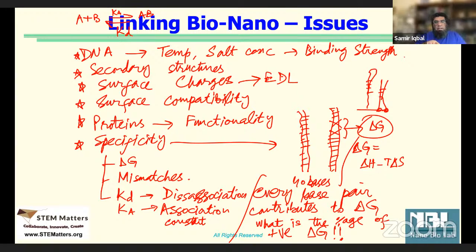So delta G here is free energy, Gibbs free energy. We want to calculate that molecules have enough energy and their melting temperature is high enough that at room temperature, they come together and bind. If their melting temperature is very low, it means even at room temperature, they are going to stay single strand. They will never bind. So the free energy penalty has to be adjusted, and we adjust that by the sequence and sequence composition.